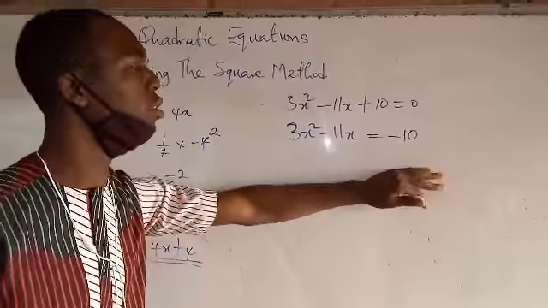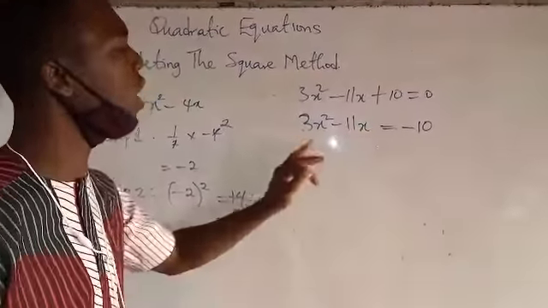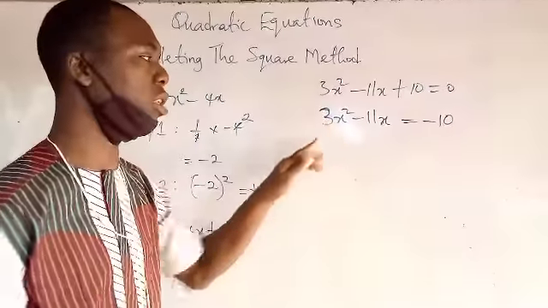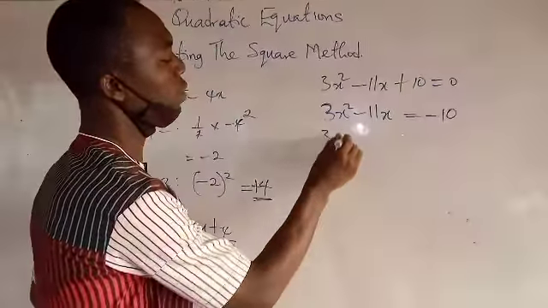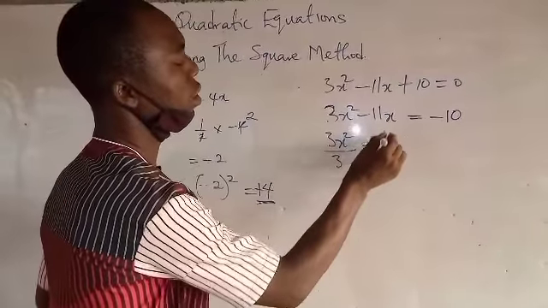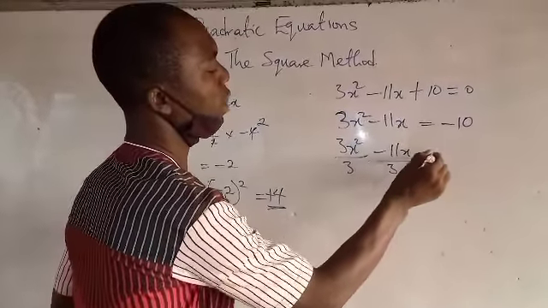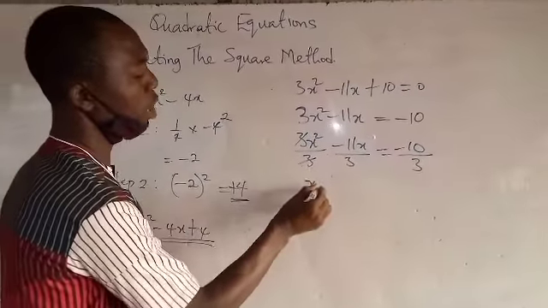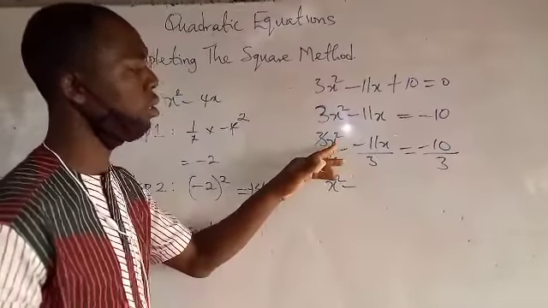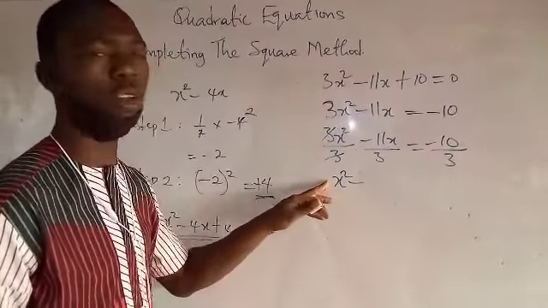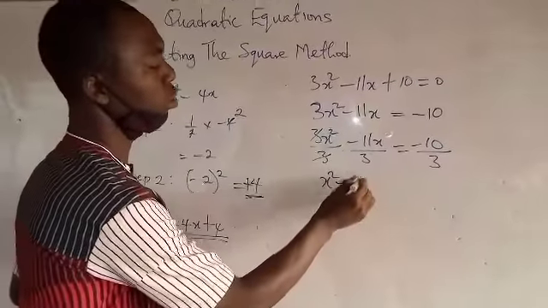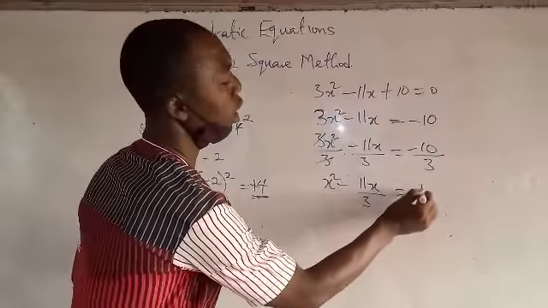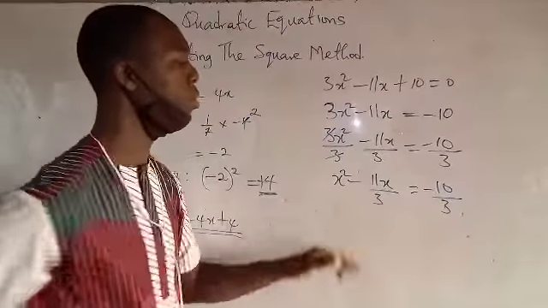Then the second thing to do is to divide both sides by the coefficient of the squared letter, which is 3. Our aim here is to make x squared have a coefficient of 1 so that we can express this expression as a perfect square.